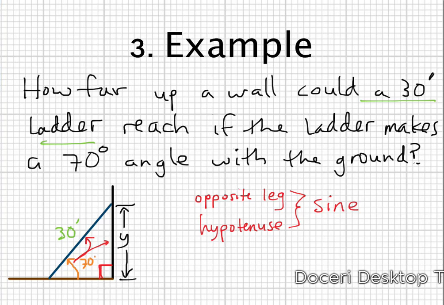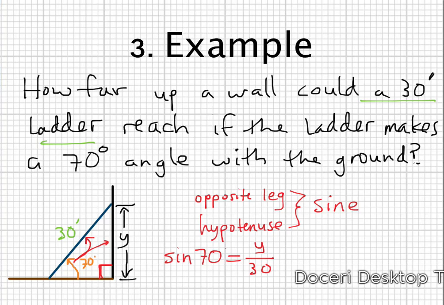So now all I have to do is set it up in my formula and solve. The sine of 70 degrees is going to equal my opposite leg, which is y, divided by my hypotenuse, which is 30 feet. Now I'm looking to find what y is.